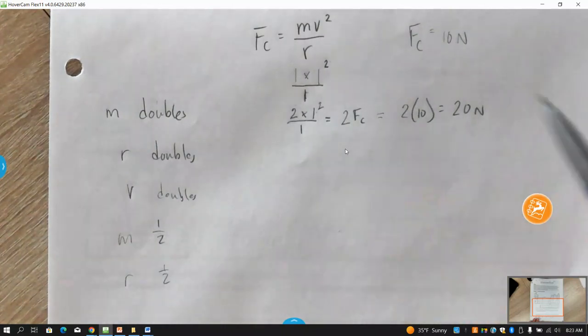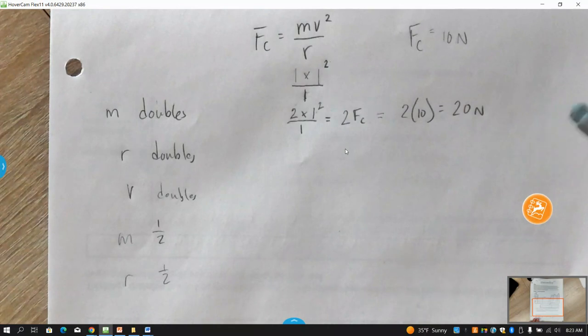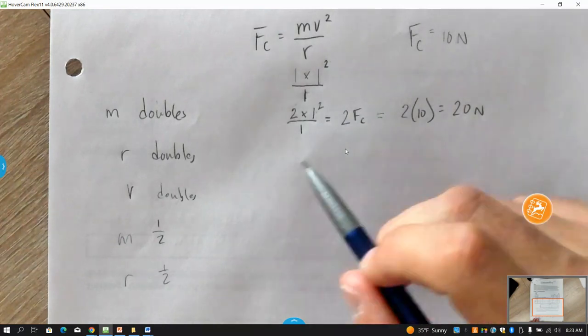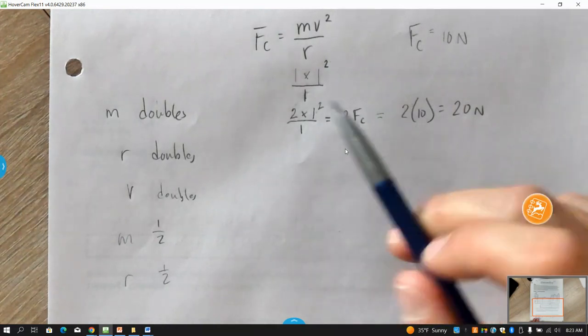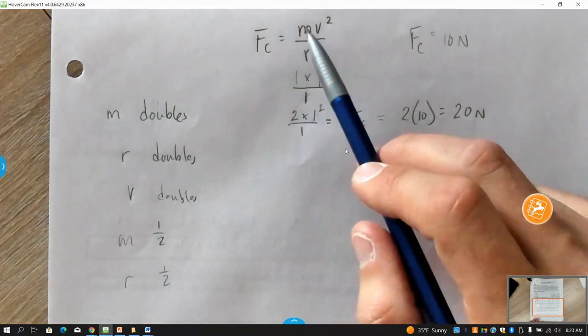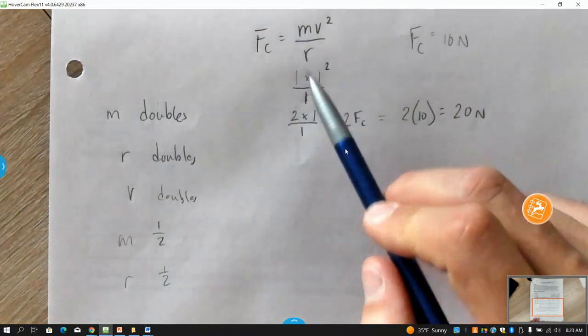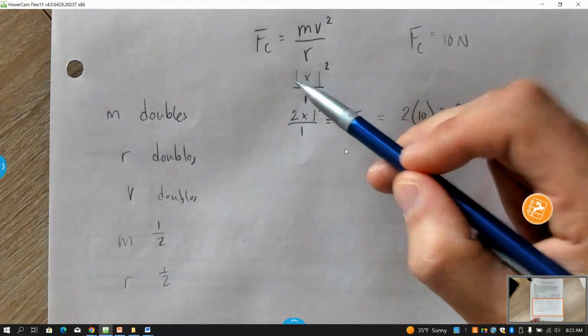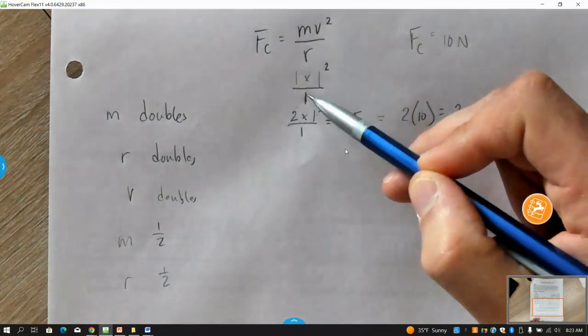What about if r doubles? What would happen, guys, if r doubles? Centripetal force is basically mass times v squared over r. So this is my m, my v squared, this is r.